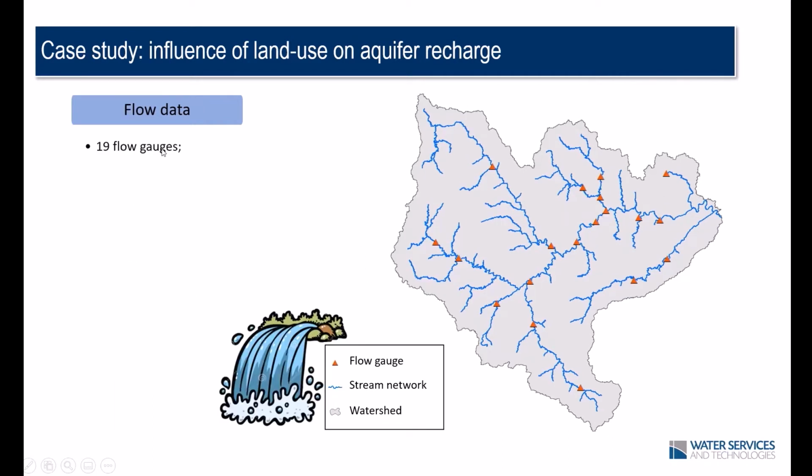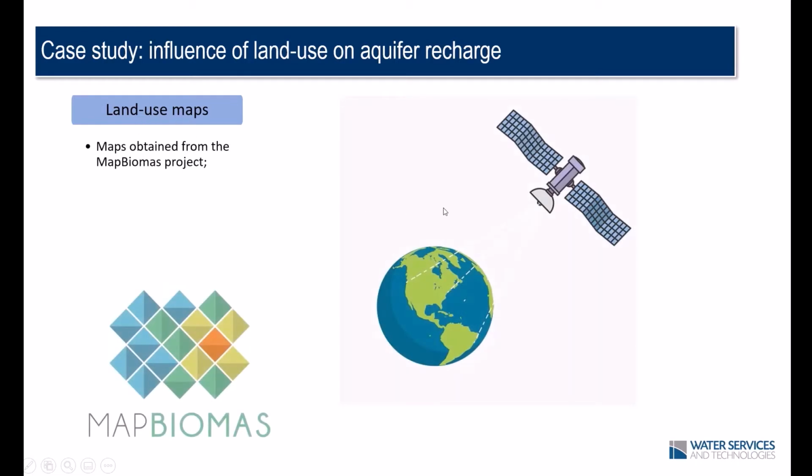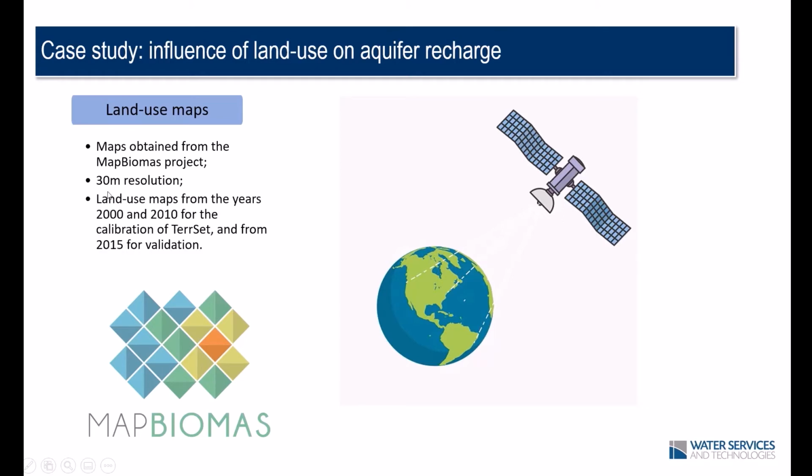For flow data, we collected data from 19 flow gauges, daily data from 1999 to 2006. And for the land use maps, we collected maps from the MapBiomas project. The maps have a resolution of 30 meters, and the land use maps were from the years 2000 and 2010 for the calibration of TerrSet, and from 2015 for validation.